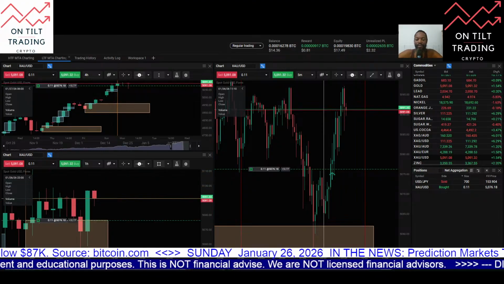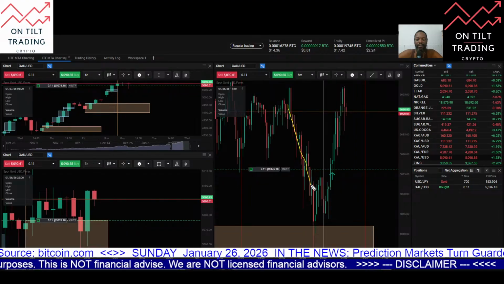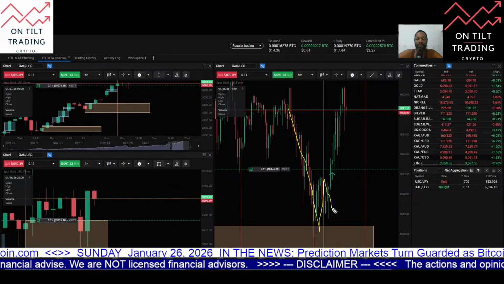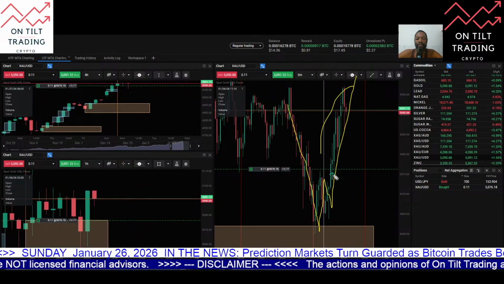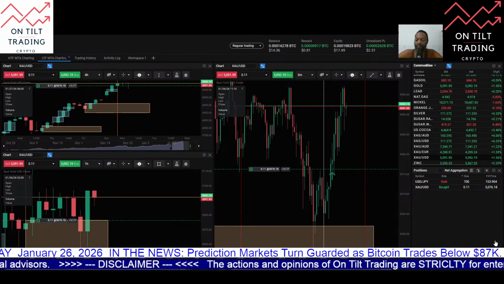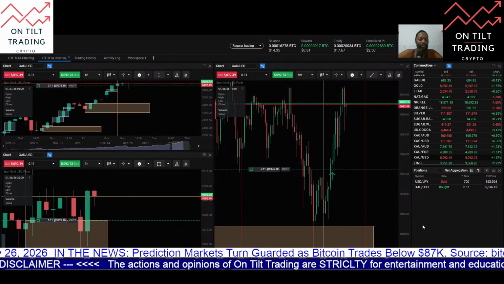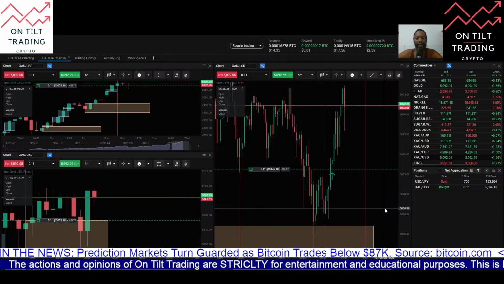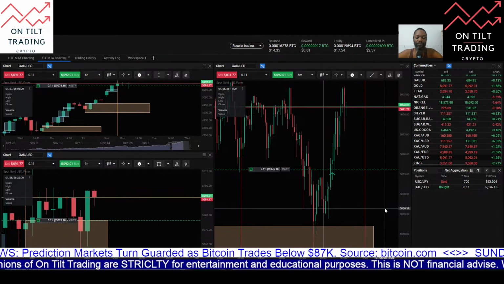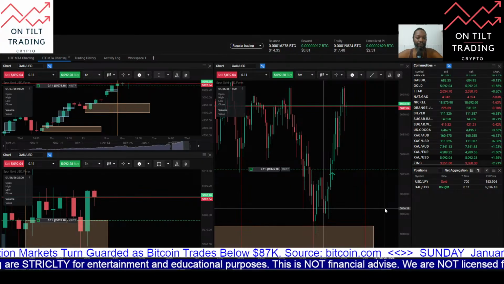So seeing this volatility come in here just before the open, and then this volatility just for the New York Open. So I would anticipate around this time there could be more volatility.